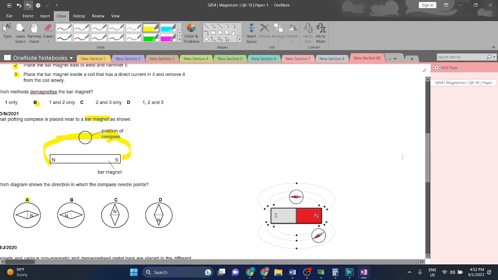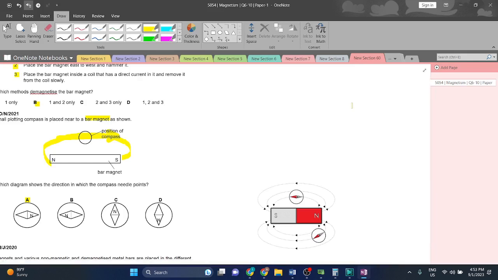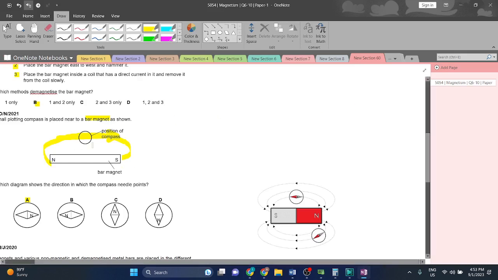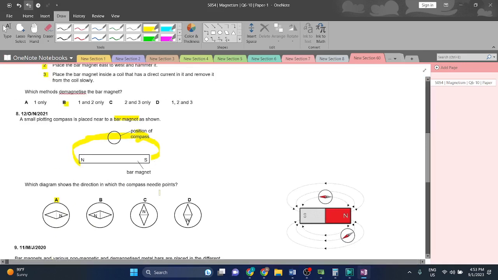Because I have told you that where the compass is placed, it aligns itself with the magnetic field in that specific area. If you place the compass here and the magnetic lines are going like this, where would the north pole be? Where will the needle point?